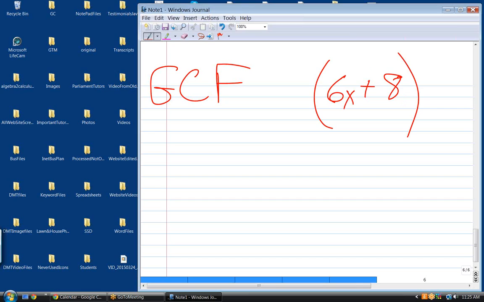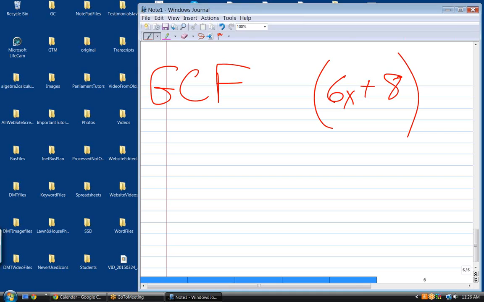When I say greatest common factor, I mean what is the biggest quantity that divides into both entities evenly? 24. Does 24 divide into 8 evenly? You're going the wrong way.